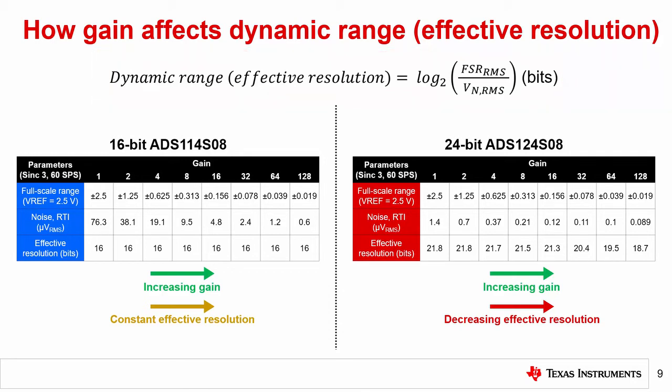This parameter is a ratio of the ADC's full-scale range to the RMS noise, the two topics we previously discussed throughout this presentation. The tables in the center of this slide include the full-scale range, input referred noise, and dynamic range for the two ADCs introduced during this discussion on lower versus higher resolution ADCs.